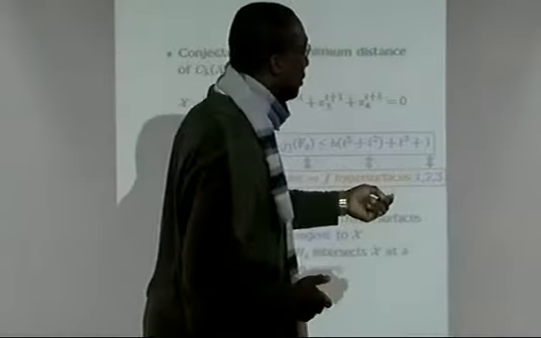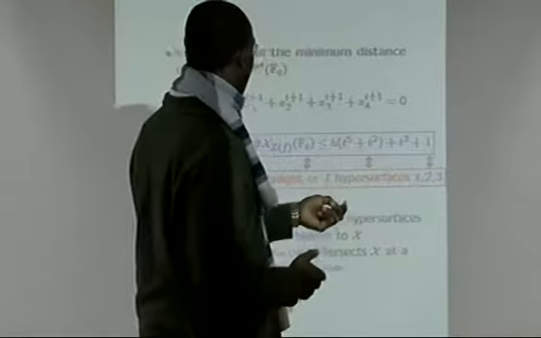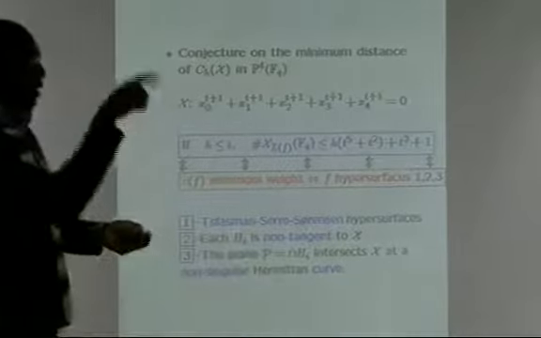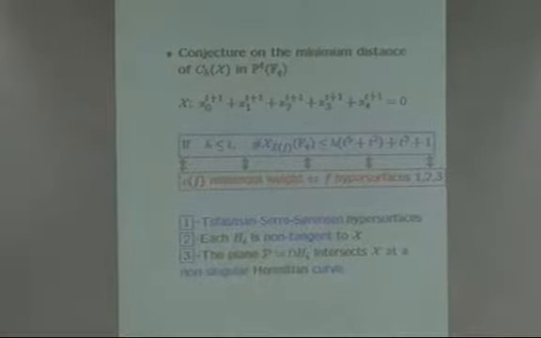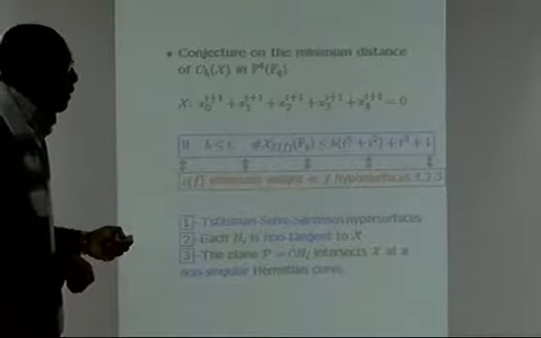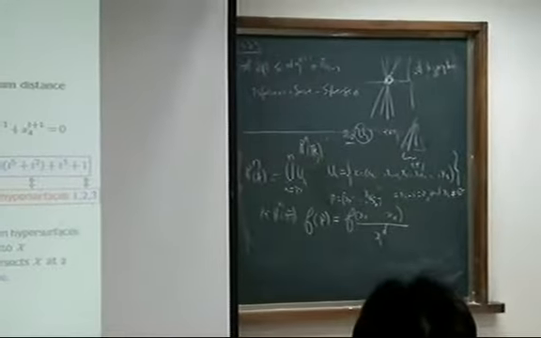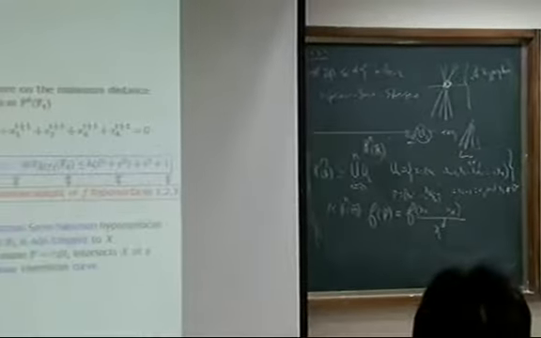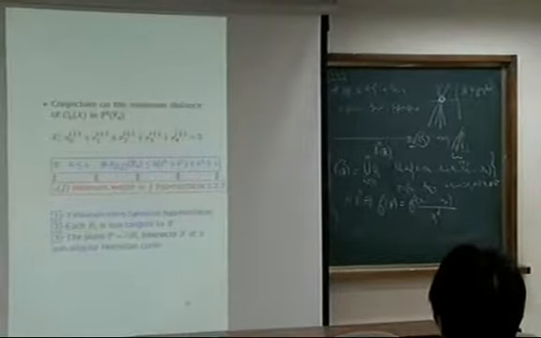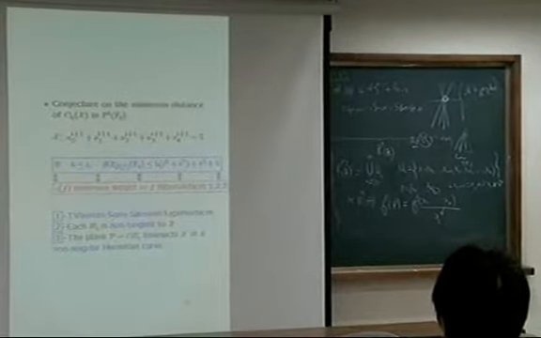This configuration is a union of D hyperplanes which meet in a subvariety of codimension 2, and each hyperplane is non-tangent, and the intersection of the hyperplanes meets X in a non-singular Hermitian variety. In P3, this is what you obtain.